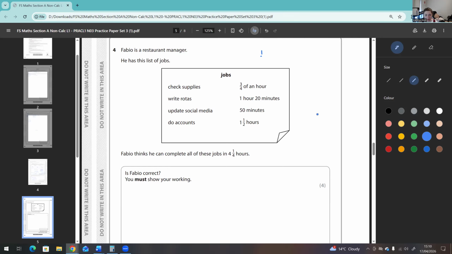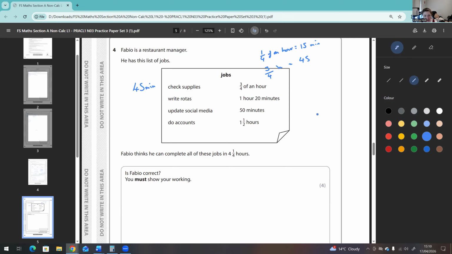So I know that 1/4 of an hour is 15 minutes. And because I know that, I know what 3/4 of an hour is. 3/4 of an hour is going to be 45 minutes because we just times it by 3. So I know that checking supplies is taking 45 minutes.